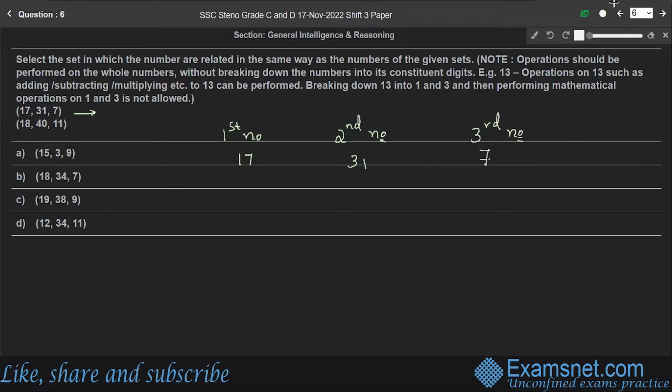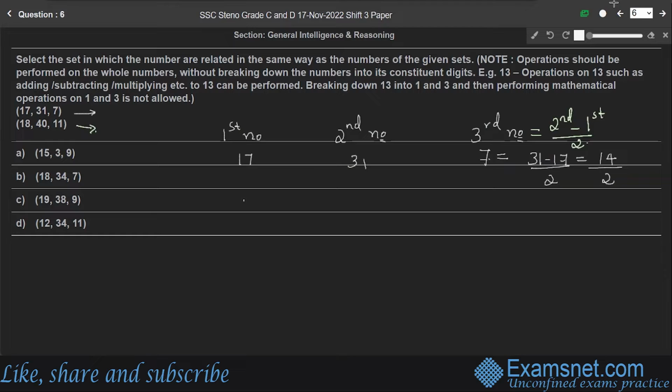This third number is nothing but the second number 31 minus 17, divided by 2. 31 minus 17 is 14, divided by 2 is the third number. Therefore, the relation between the given three numbers is: second number minus first number, whole divided by 2, gives the third number, right?